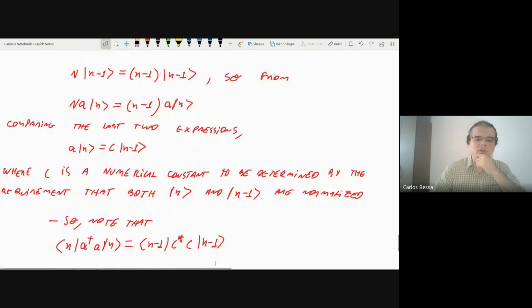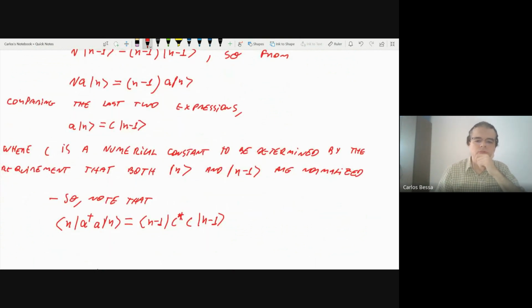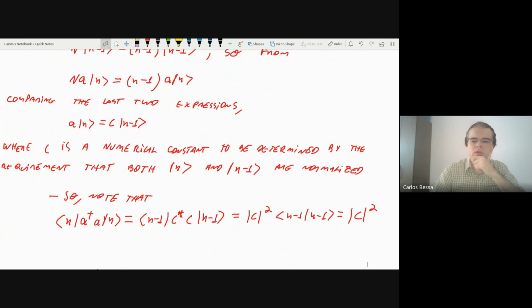And because this is normalized, I have c squared. This is 1 for the identity.